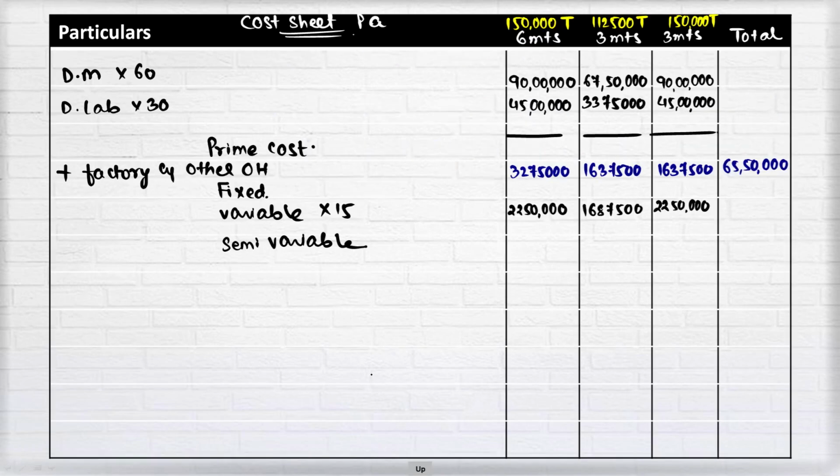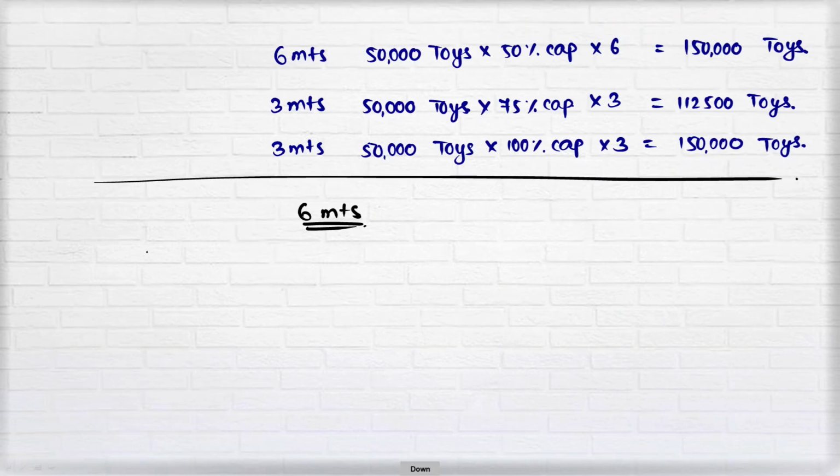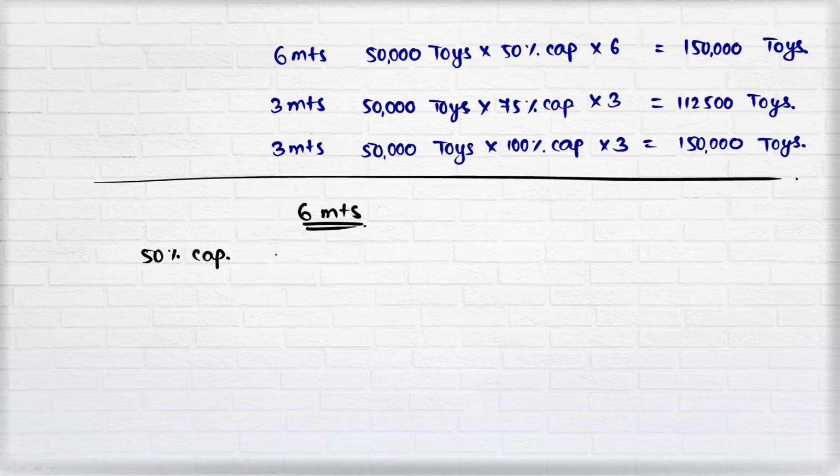You are working at what capacity? 50% capacity. So my answer will be easy. It is 5 lakh per annum up to 60% of capacity. So for first 6 months, I am working at 50% capacity. It will be 5 lakhs per annum. So it will be 5 lakhs into 6 divided by 12, which will be 2,50,000.